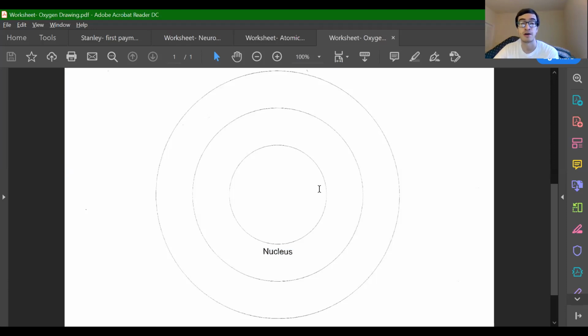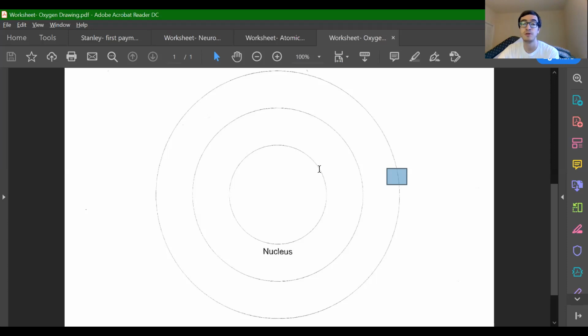So like I mentioned, we have our first ring, our second ring, and our third ring of electrons. And so based on the number of electrons that you determine oxygen has, you should put the correct number of electrons on the correct ring where they should go.